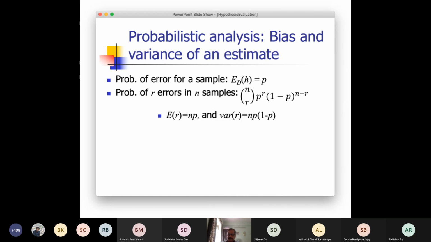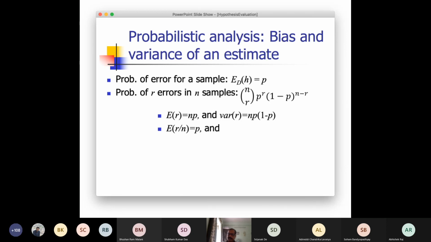And variance is n into p into 1 minus p. So the expectation of r by n itself, that is the estimate. The estimate is r by n.